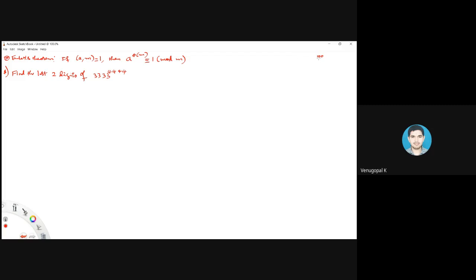For example, if I divide, say, 8325 by 100, I'll get 83, and the remainder 25 will be the last two digits. So, since you are talking about remainder, what we are looking here is to go into mod 100.